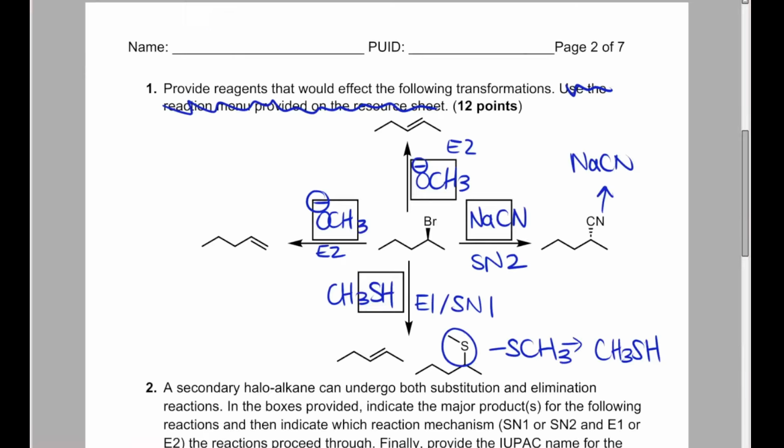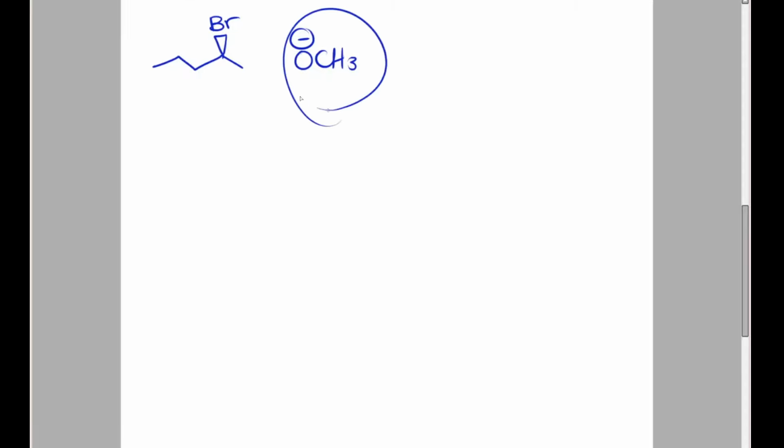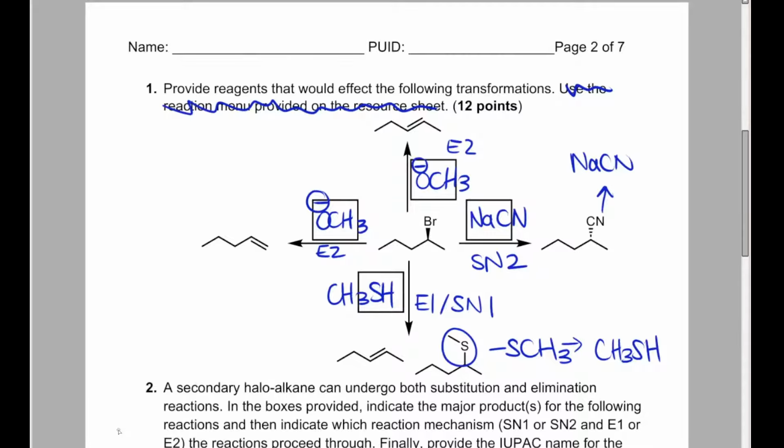And in this case, the difference between this product and this product results from which hydrogen was accepted by the base to form the alkene or the double bond. In the first case, it was the hydrogen to the left of this bromine group. But in this case, it's the hydrogen to the right of the bromine.